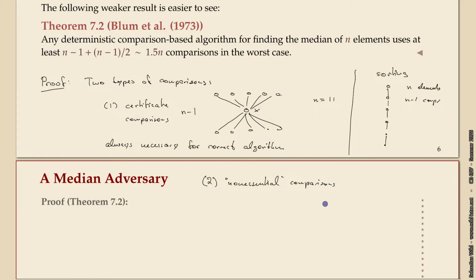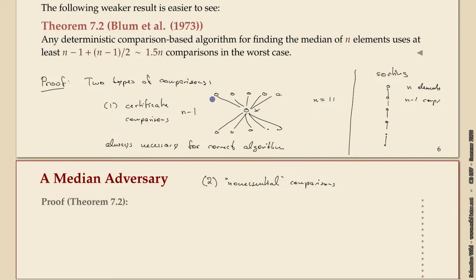These are the ones where in hindsight, I actually wouldn't have needed to do that comparison. If somehow someone would have told me what comparisons to make, I would not have done this one because it doesn't help me certify the median.